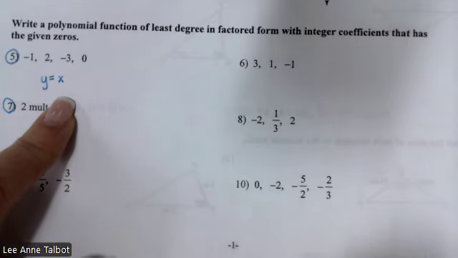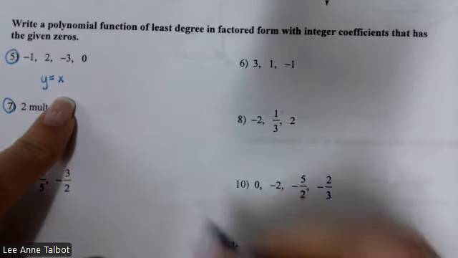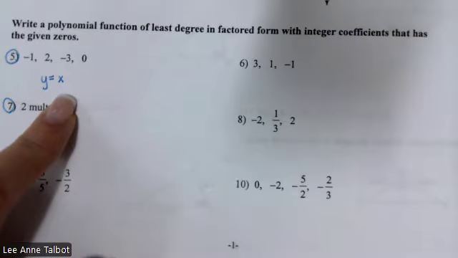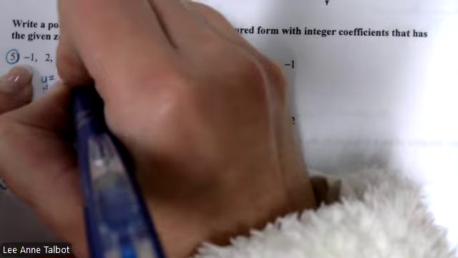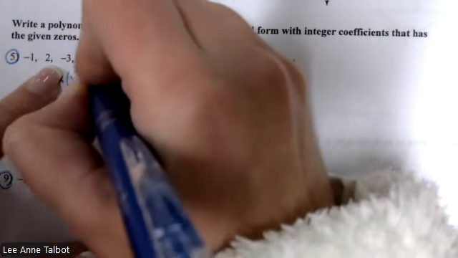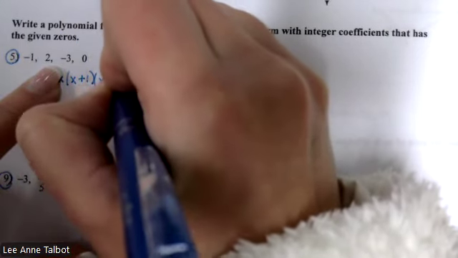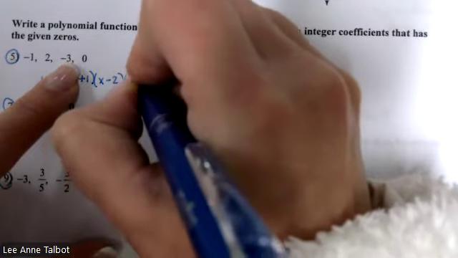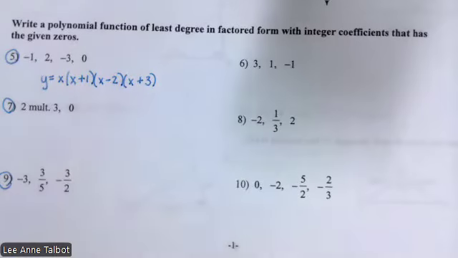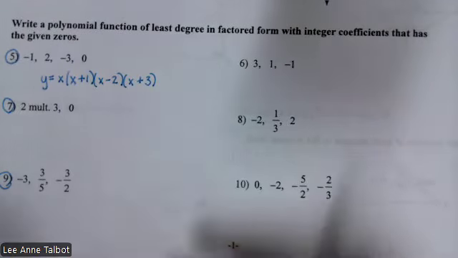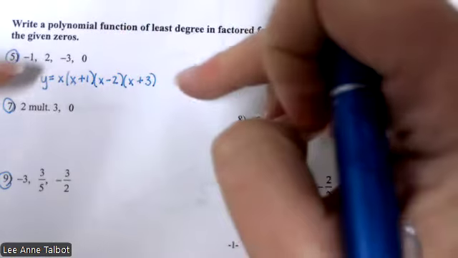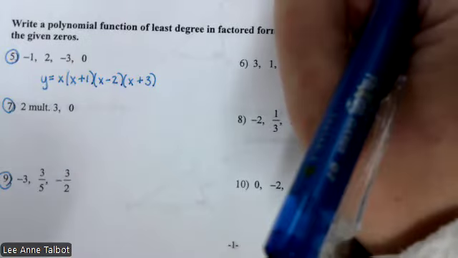I'm totally fine with that. I will not mark it wrong. I just like the way it looks when the x is in the front. Okay, and then I go to this one. So that's x plus 1, x minus 2, x plus 3. Done. So it's taking the answers and going backward to the equation.